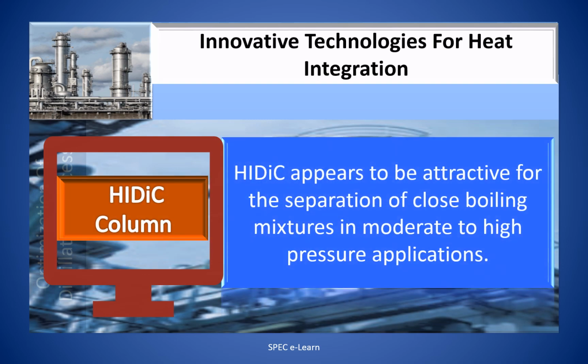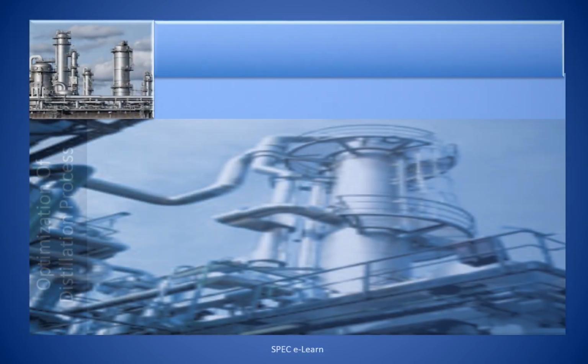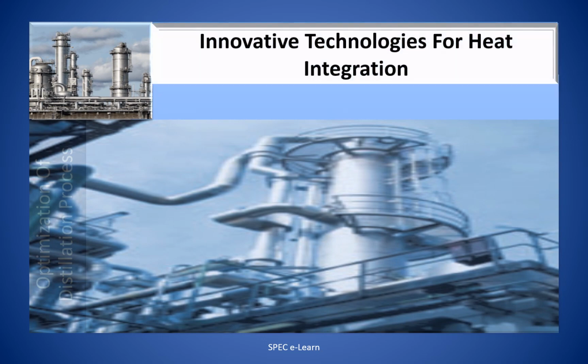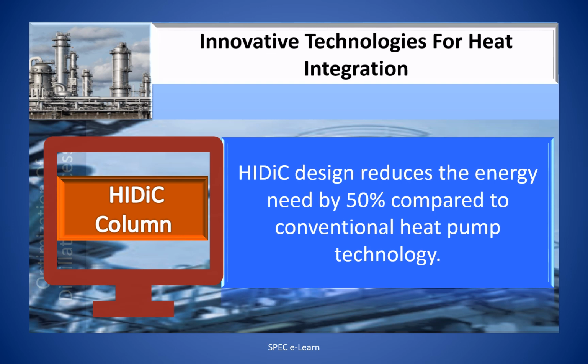Like MVR heat pump system, HIDiC is attractive for the separation of close boiling mixtures in moderate to high pressure applications. Studies have indicated that HIDiC design reduces the energy need by 50% compared to conventional heat pump technologies like MVR.